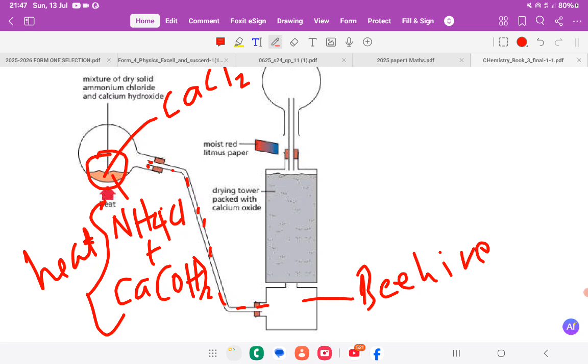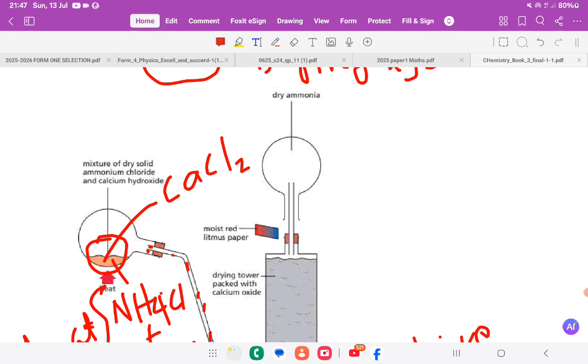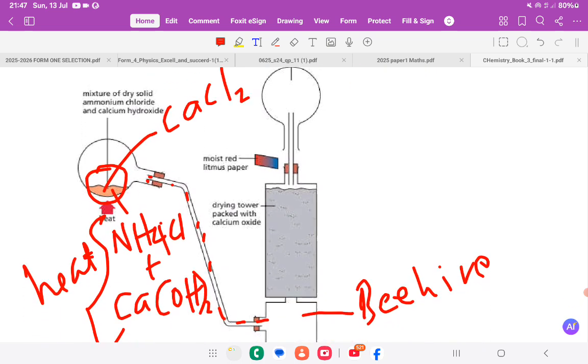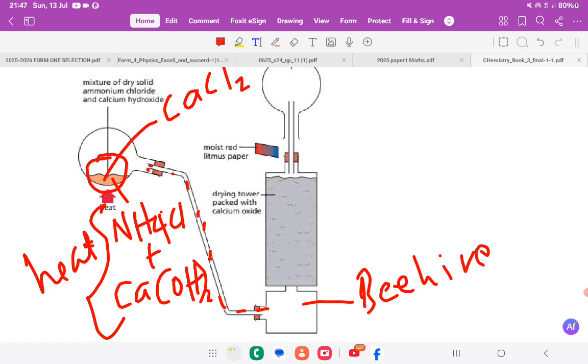Okay, all right. So because we are desiring to produce ammonia, we need to separate the ammonia from water vapor. In order to separate ammonia from water vapor, it has to pass through this column.